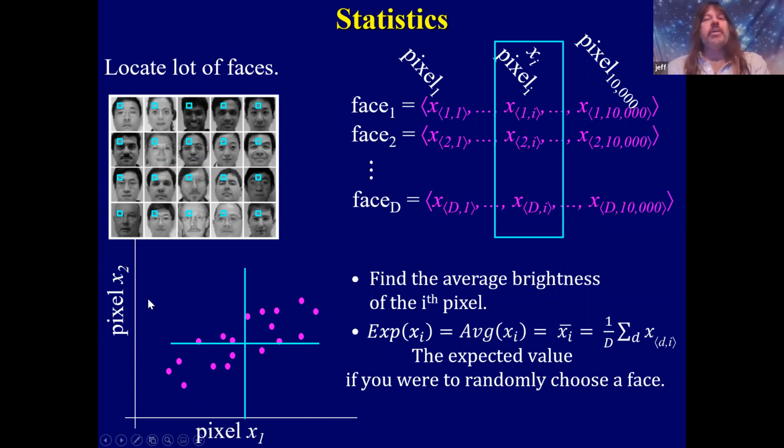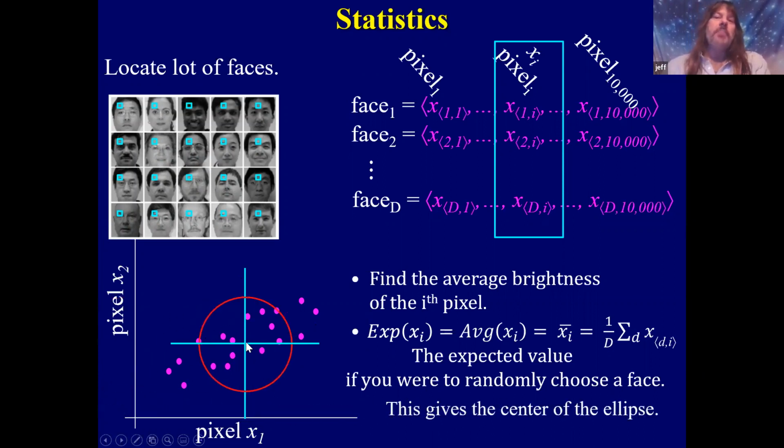You do that for each pixel, and that locates one point in space, the intersection of all of these lines. And what's that? That's kind of the middle of our data, and that's going to be the center of our ellipse. Our goal is to form an ellipse, and we start by forming its center, which is the average of all of the data. Does that make sense?